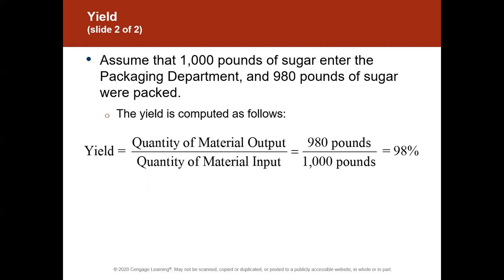And for a retailer, it can even be the percentage of stuff that we actually sell versus the percentage of stuff that comes into the store. The difference is called shrinkage, or shrink, sometimes. That would be stuff that's either stolen or breaks or rots, if it's food or something like that. Restaurants have a real problem with yield.